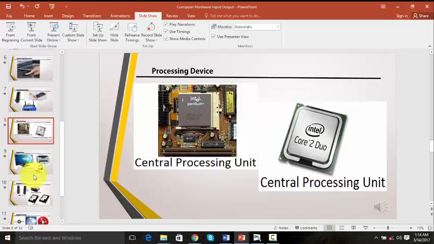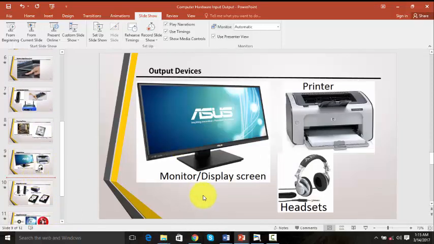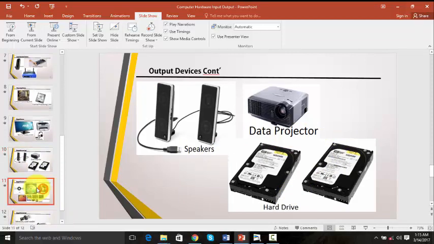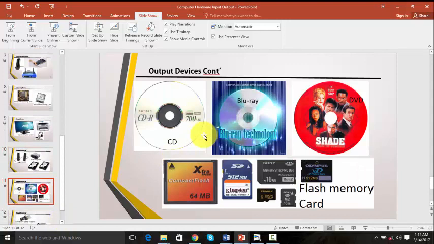Then we also have the monitor or display screen. The other word for monitor is display screen. We have got a printer, the headsets as hardware. Then we have speakers, data projectors, the hard drives as hardware. We have also the CD, which is also hardware.